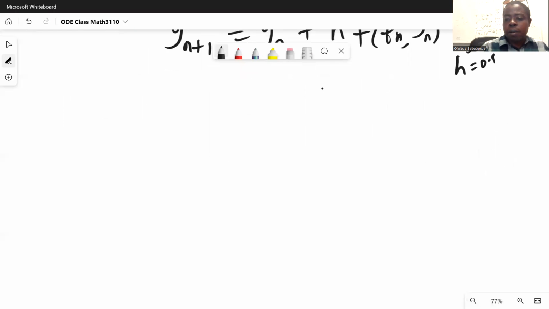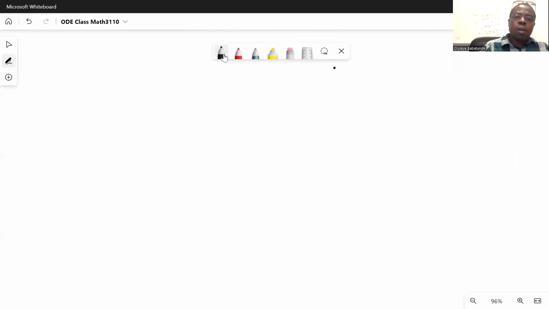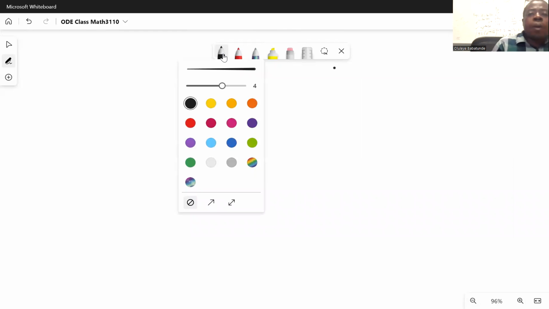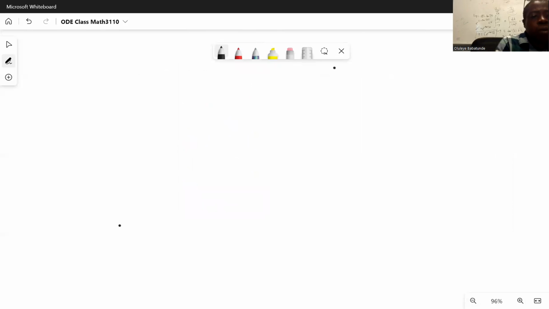Okay, now let's go. You can create a table for n. N is the number of iterations. Maybe you want to do it 5 times or 6 times. For your assignment, you can stop at 5 points. This is your n, this is a time value, your independent variable, and you must have values for that too.